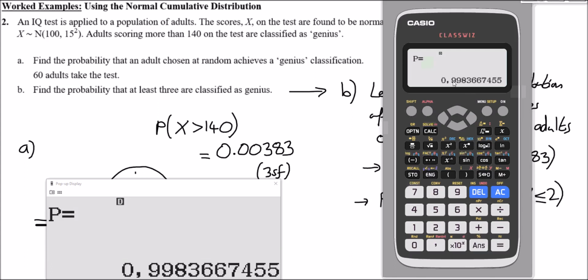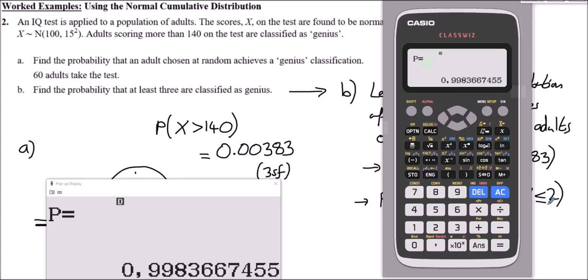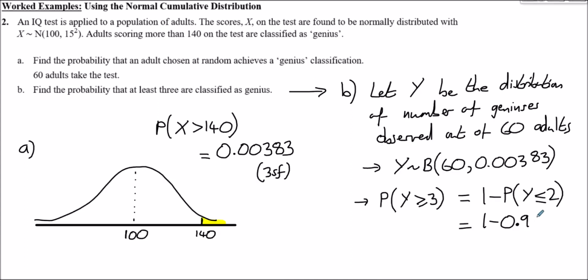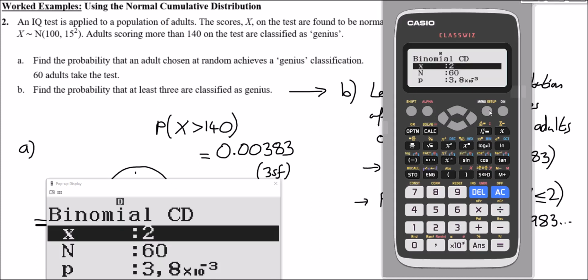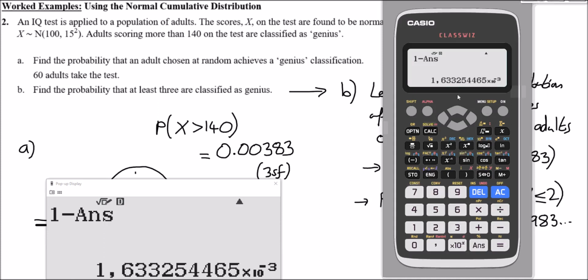We get 0.9983 and so on. So it's 1 minus 0.9983 and so on. We press equals, menu option 1, so 1 minus our observed probability, and we get 1.63 times 10 to the minus 3, so it's 0.00163.